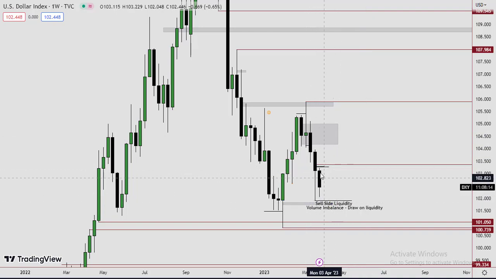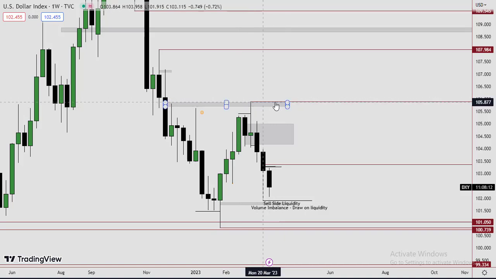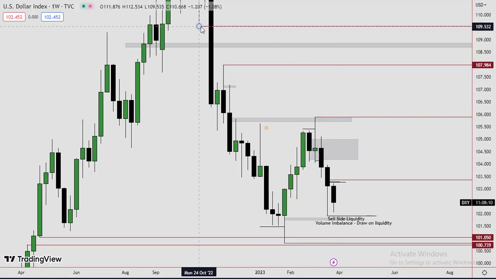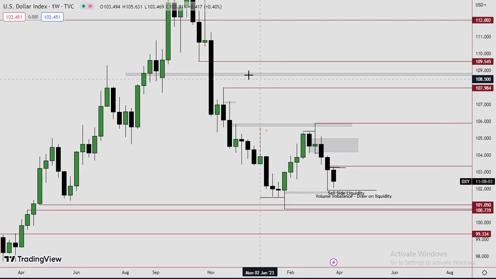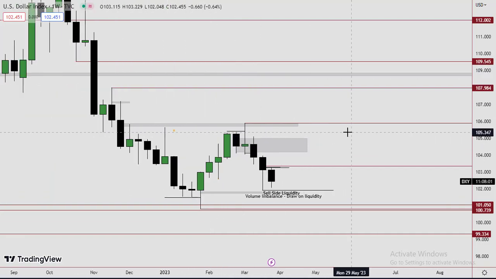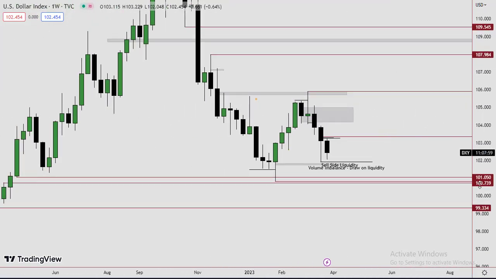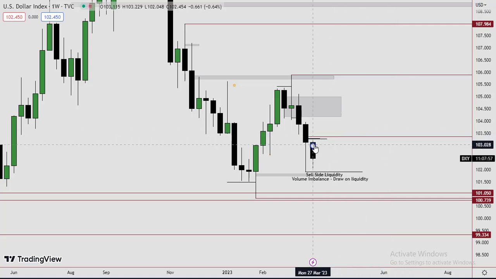We might start to see price trading to buy side liquidity residing above that old high there, and the sell side imbalance, buy side inefficiency, the fair value gap right here. That was our expectation when the week began. We were expecting that this week would open and possibly trade lower to form the low of the week and start to trade up to clear out buy side liquidity.